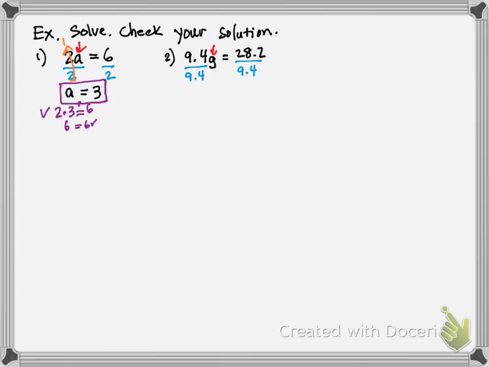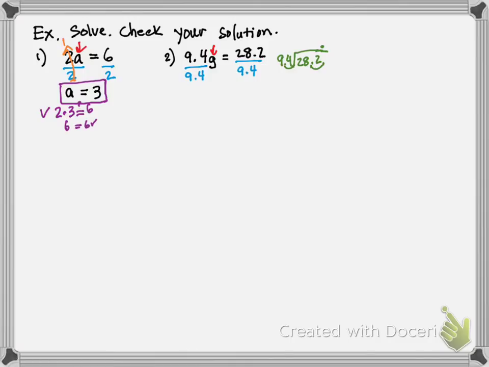In order to do this, I'm going to do the math off to the side. I have 9.4 going into 28.2. So I'm going to have to move the decimal point over till I have a whole number. I had to do one shift, so I'm going to do one shift here, bringing up from its new home. So 94 going into 282.